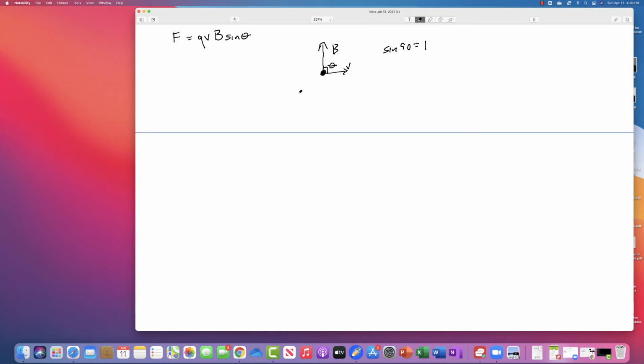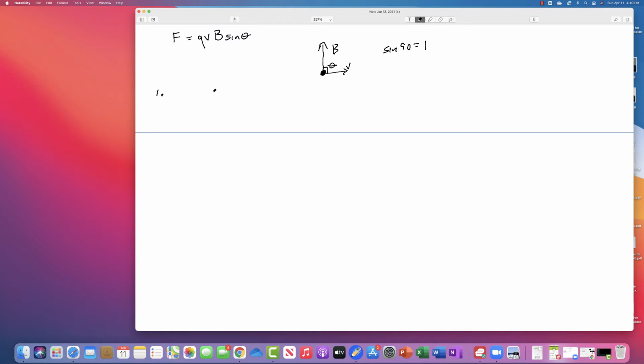The first couple of problems are a practice of the right-hand rule. So number one says, what is the direction of the magnetic force on a positive charge that moves as shown for each of the 6 cases?